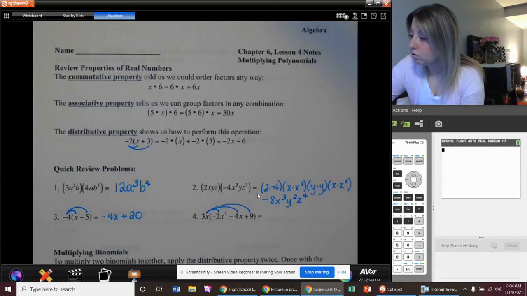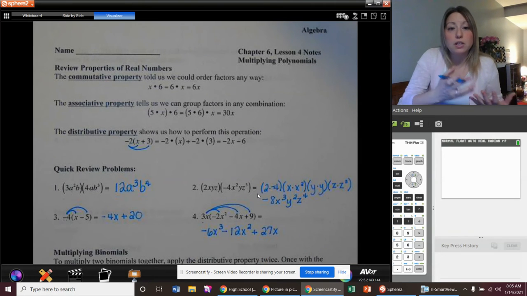3x times -2x squared is -6x cubed. 3x times -4x is negative 12x squared, and 3x times 9 is +27x.